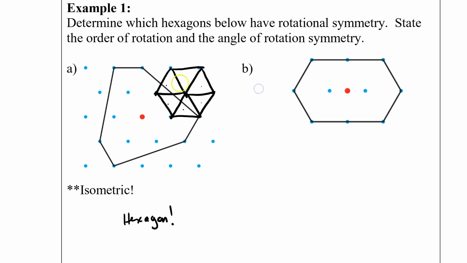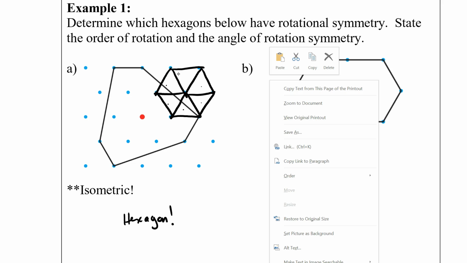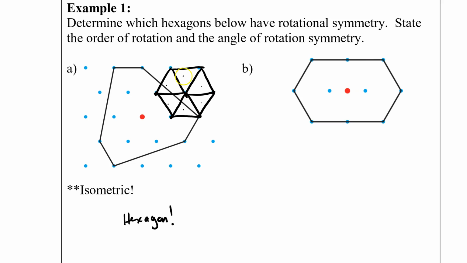So in each triangle, we turn a certain amount. So if we were to have 6, that means that the order of rotation, using new language that we just learned, the order of rotation for this specific shape is 1, 2, 3, 4, 5, 6.